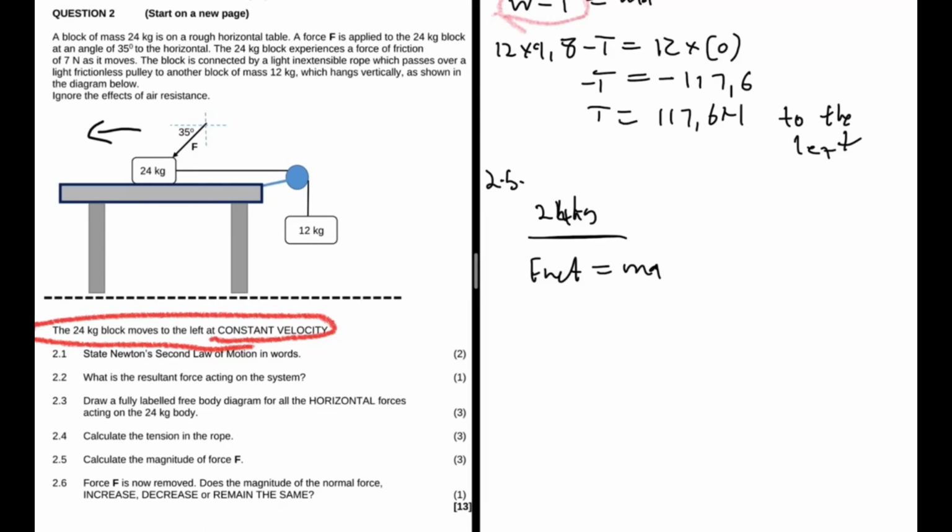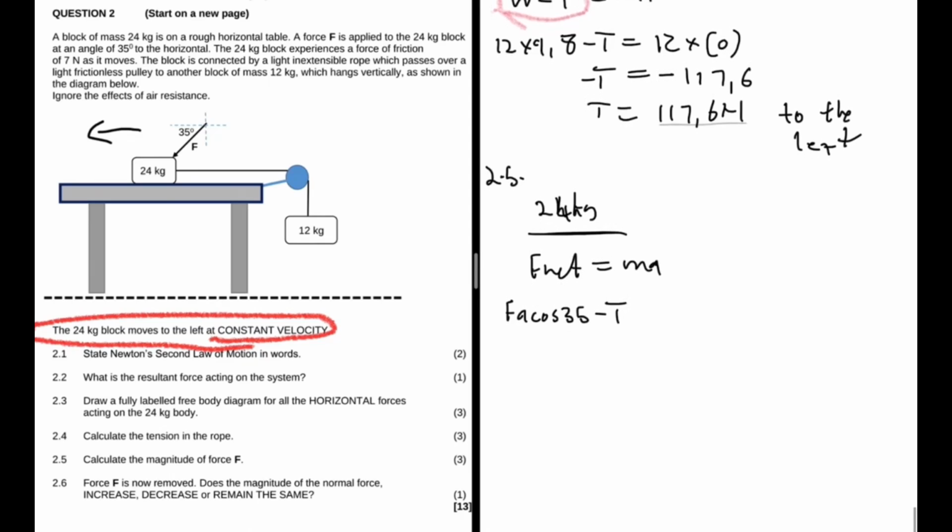So it's bigger than those individual forces. So we're going to have F applied cos 35 minus tension minus friction is equal to ma.